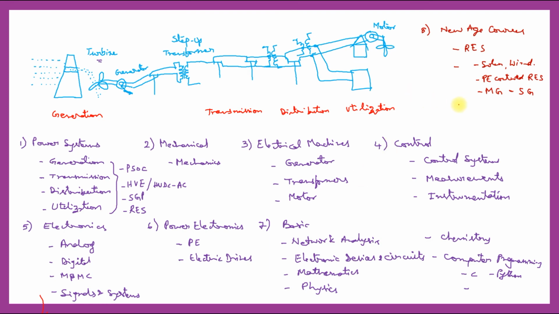And the next one is electric vehicle. Nowadays this is also popular. So coming to electric vehicles, we can study battery technologies or energy storage systems. Like that, there are some new age courses also. And we can extend some other things also wherever it's required.